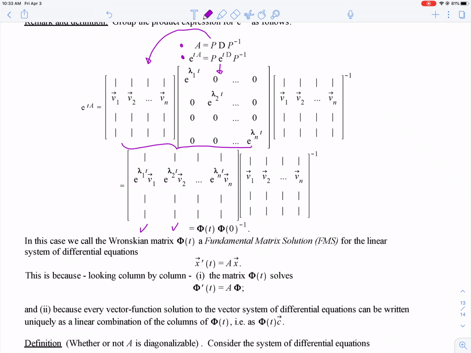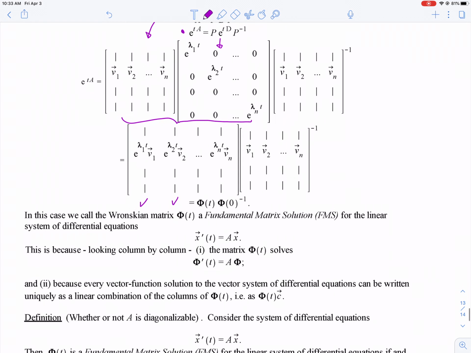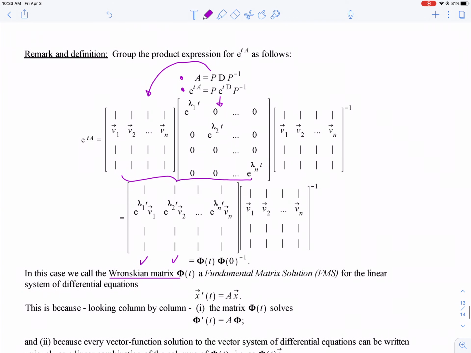So the product of the first two matrices gives us our old friend, the Wronskian matrix for the first order system x prime equals Ax. In this case it was the Wronskian matrix of a basis of the solution space because we had a diagonal matrix.